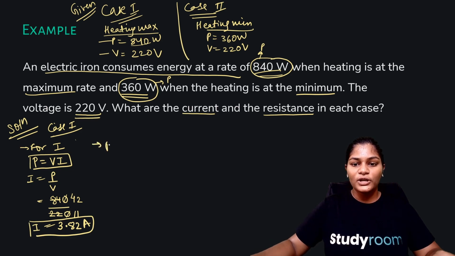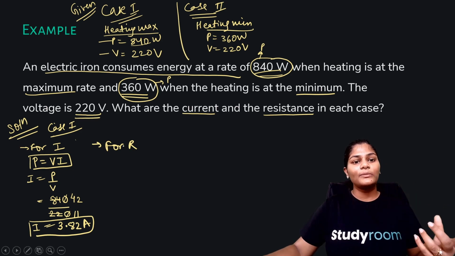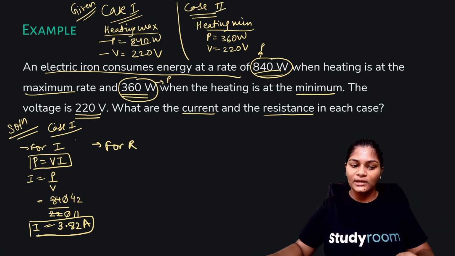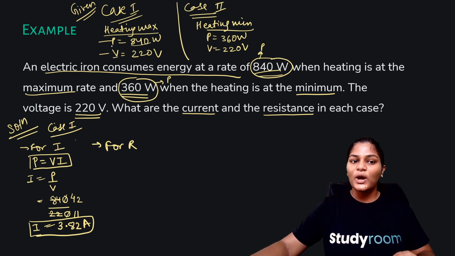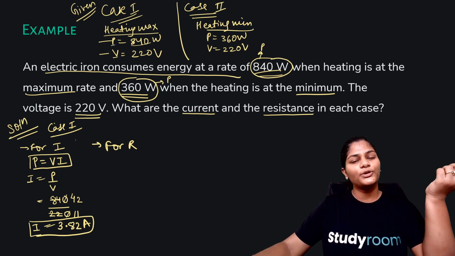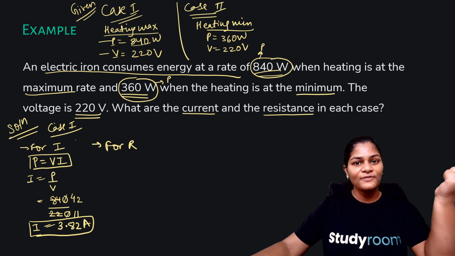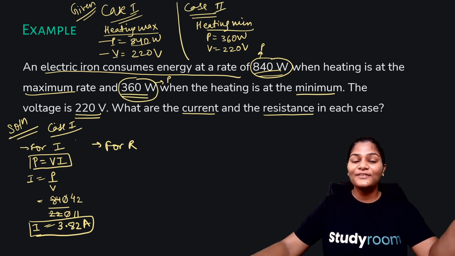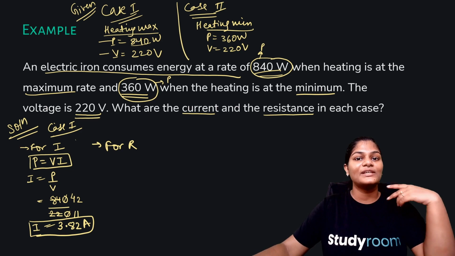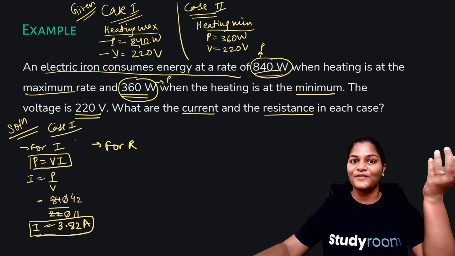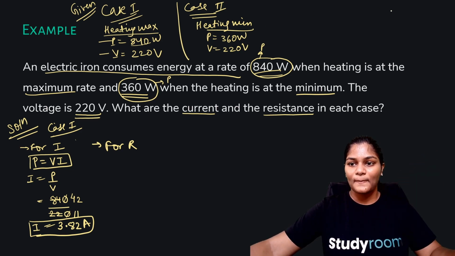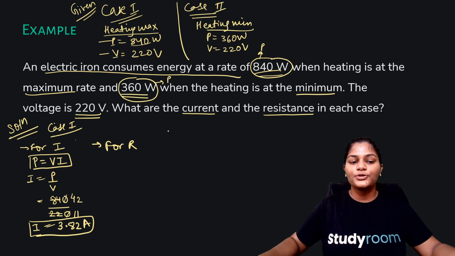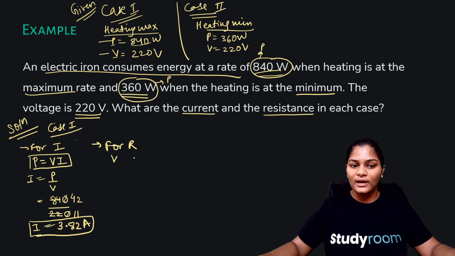Now we have to find the resistance for case 1. Which formula is coming to your mind? You have I, you have V, you have P. Is P going to be used in finding resistance? No, right? We only need V and I. We can simply use Ohm's law and find the resistance. So using Ohm's law, we have V equal to IR.